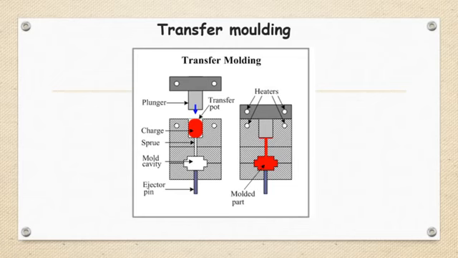When it is heated in that upper portion called the transfer pot, the raw plastic is heated and pressure is applied on that raw plastic material, or charge, in that transfer pot only.